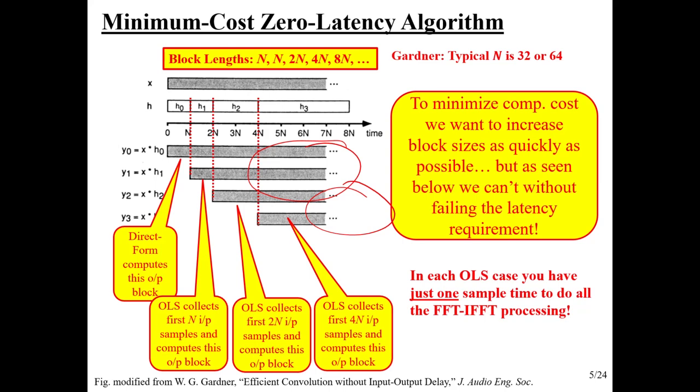In each one of these cases, we have just one sample time to do all this overlap save processing. So it does meet the zero latency requirement, but we're going to need a pretty hefty processor to do it, as we'll see.